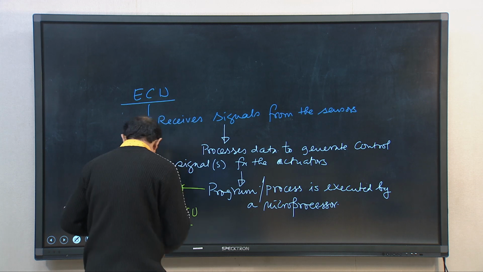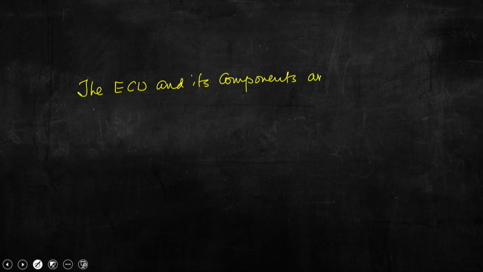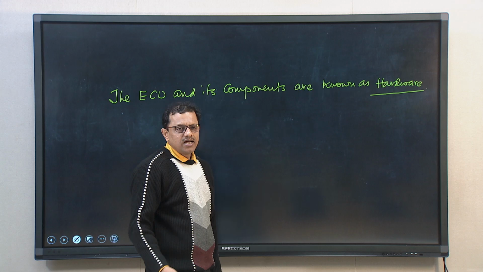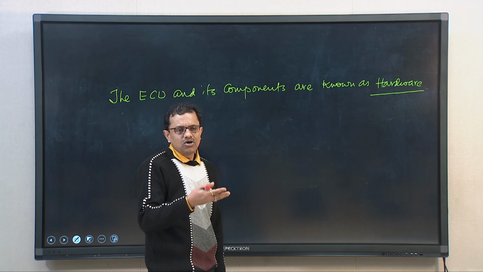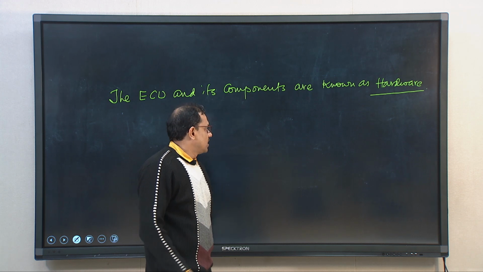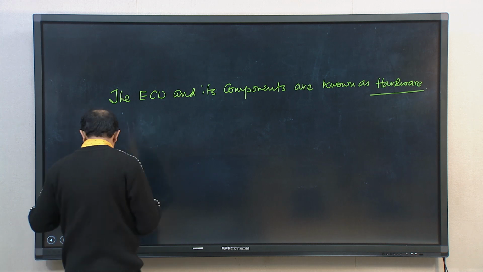So, if I write here that the ECU and its components are known as hardware, okay. So, in the memory of ECU a software program is installed, and all the components which are there in the house of plastic or metal, that is known as hardware, okay.